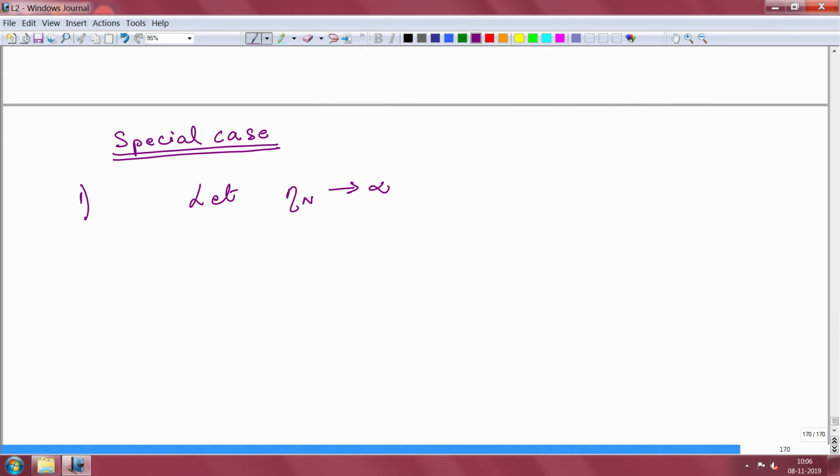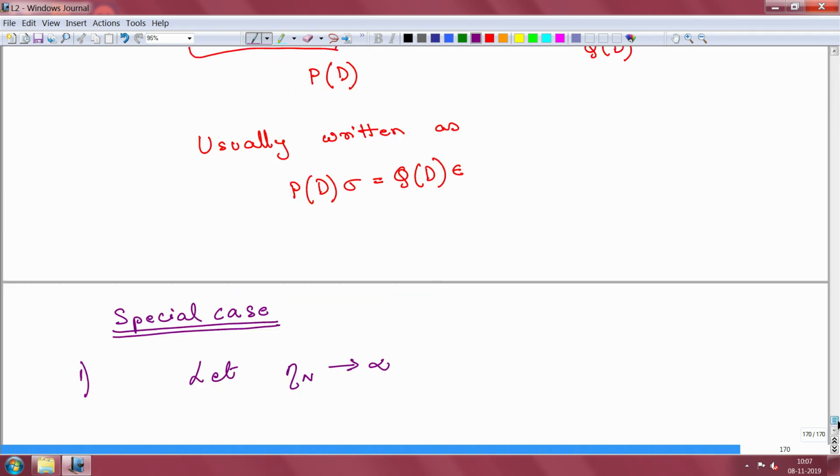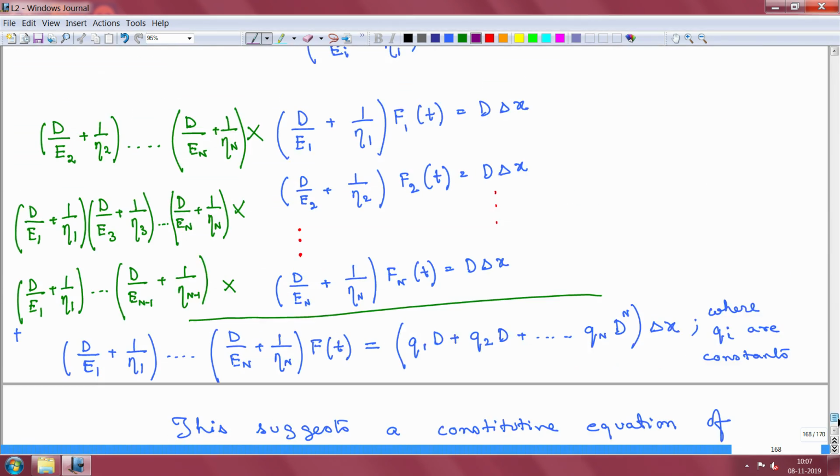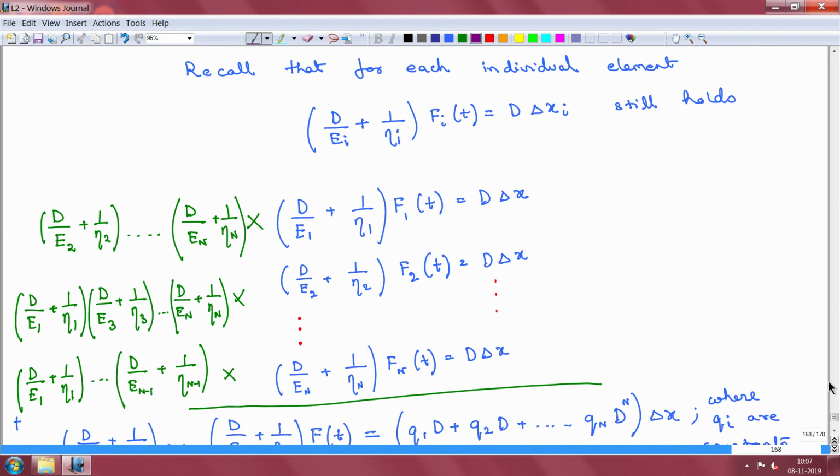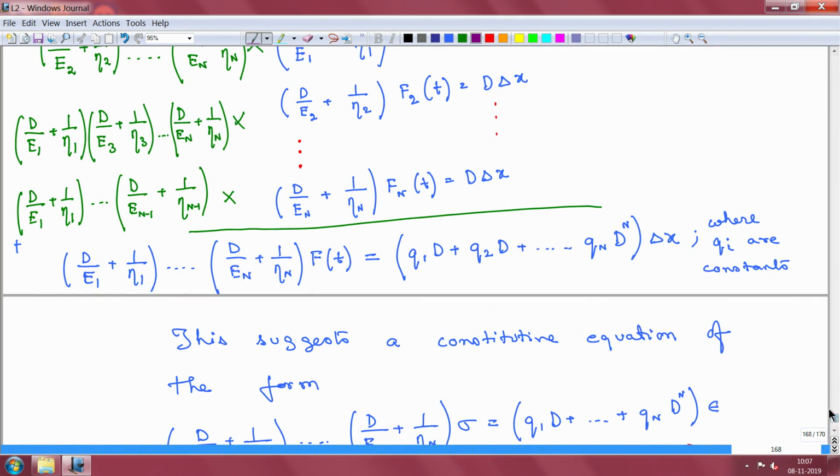Let us see what really ends up happening. If you take eta n to infinity, you can redo this entire calculation for that case, or you can take this final equation and you impose the condition that eta n is tending to infinity.